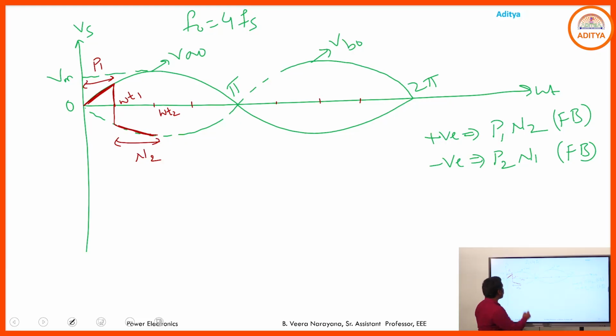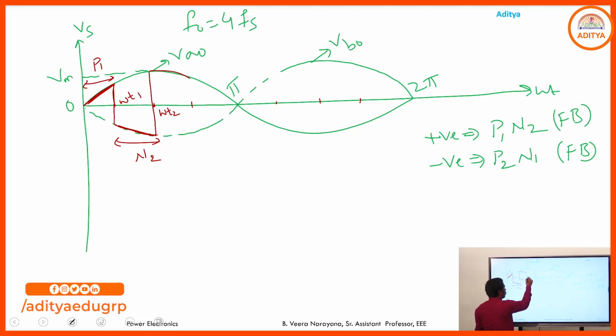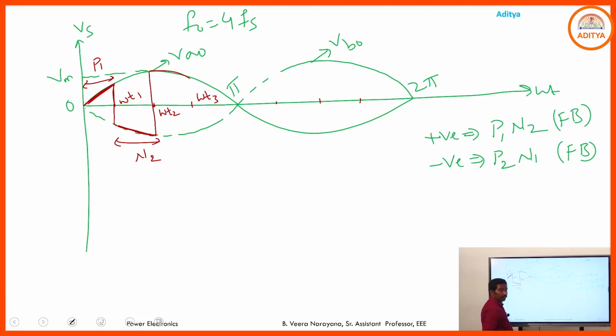And at omega T2, by using forced commutation circuit, we turn off the N2 and we provide the gate pulse to the P1. Then again you follow the VA0 like this up to omega T3. And at omega T3, by using forced commutation circuit, we turn off the P1 and we provide the gate pulse to N2. Then like this, N2.